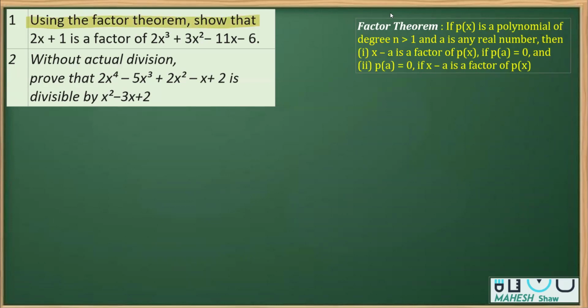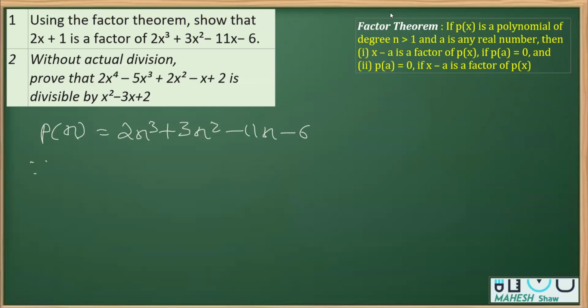So in this question, using this theorem, we need to show that 2x plus 1 is a factor of this polynomial. Let's consider this polynomial as p(x). So p(x) is equal to 2x cube plus 3x square minus 11x minus 6.